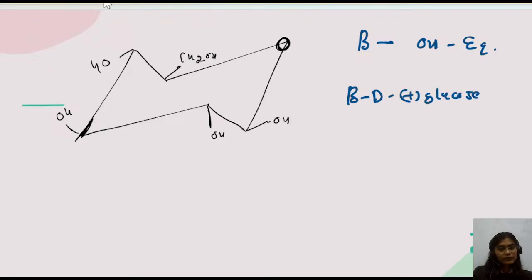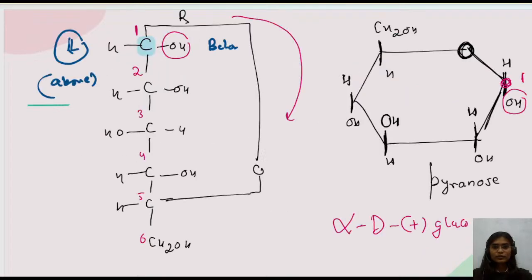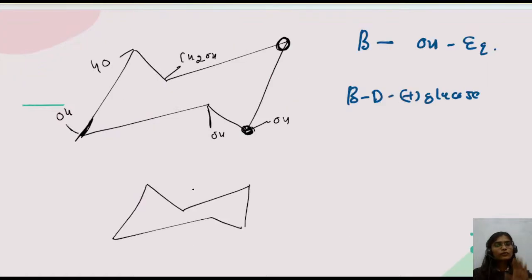And what if it is alpha? So for alpha, only the first carbon OH is axial. This is how you can quickly identify, and it is easy to remember as compared to the previous one. If you are not able to remember the previous one, just go with this.